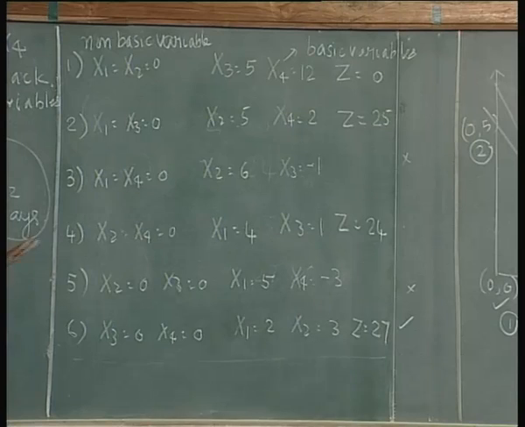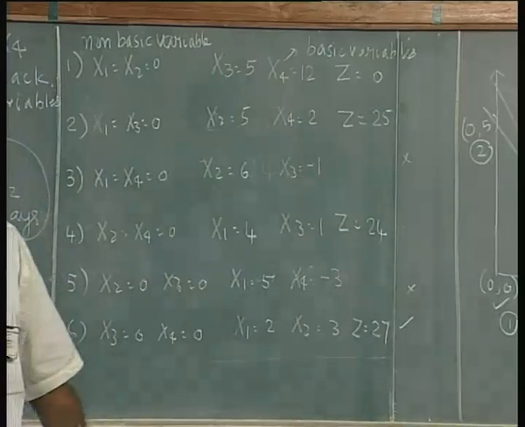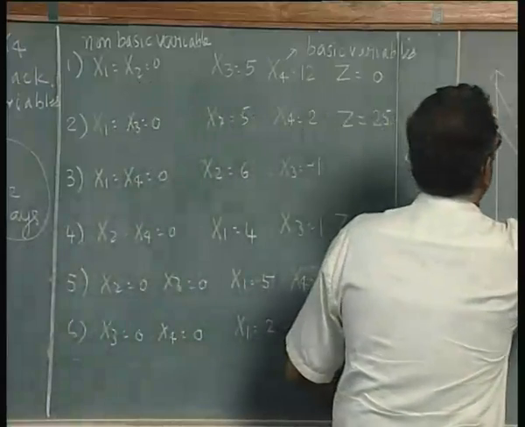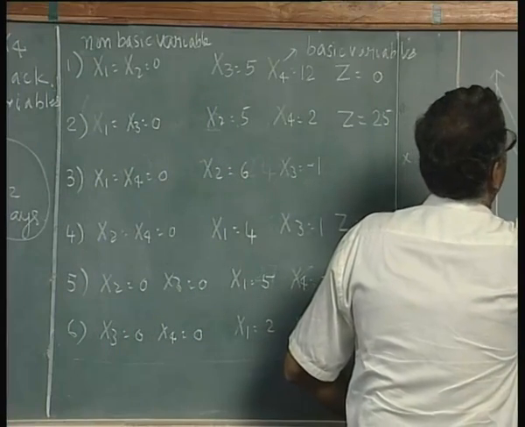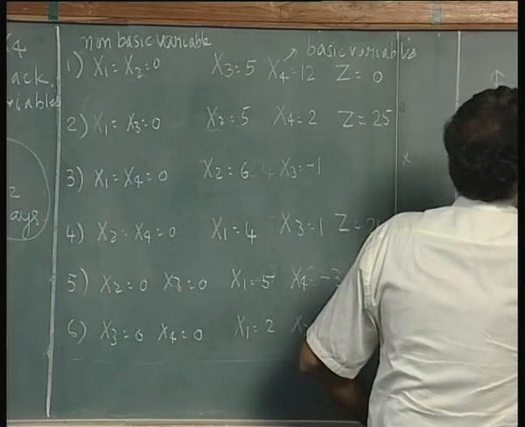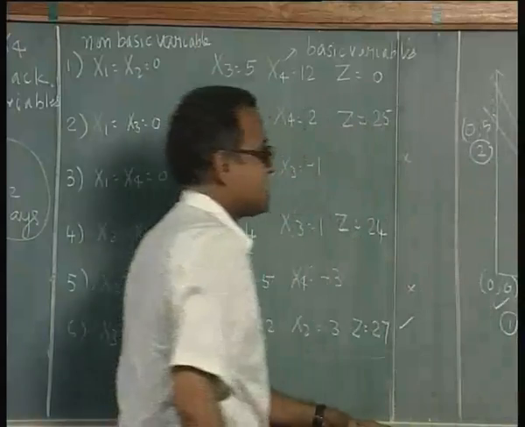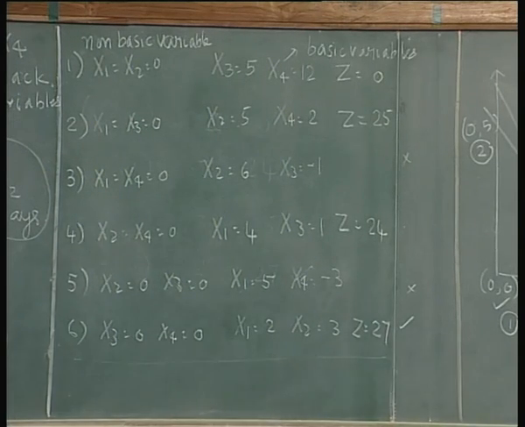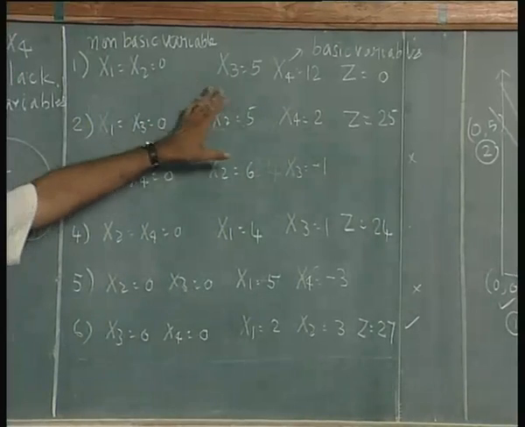Now, the next thing that we are going to see is that method, and that method is called the simplex method, which is essentially an extension of the algebraic method, but the simplex method exactly addresses the 3 concerns that we spoke about. The simplex method will not evaluate any infeasible solution.